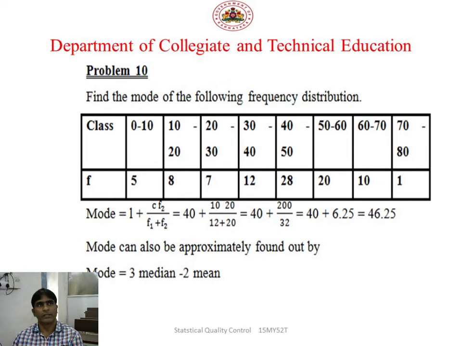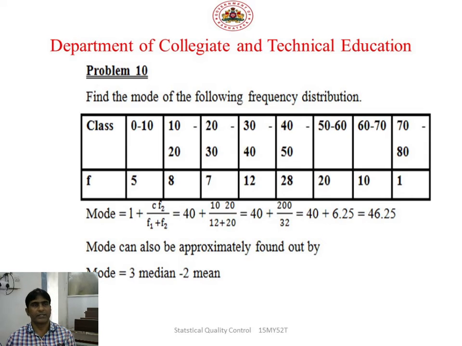See here, find the mode of the following frequency distribution. That is the question. So the question is, find the mode of the following distribution. Here he has given the class and frequency. The classes are 0 to 10, 10 to 20, 20 to 30, 30 to 40, 40 to 50, 50 to 60, 60 to 70, and 70 to 80.